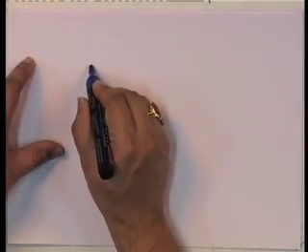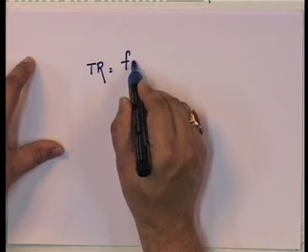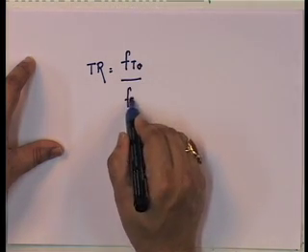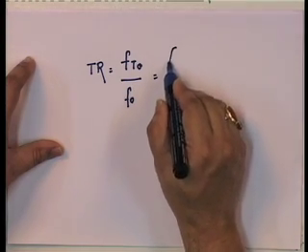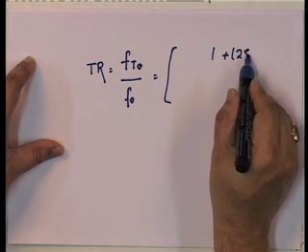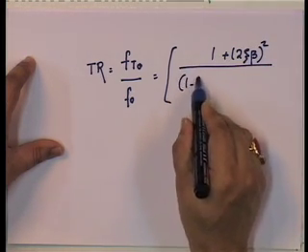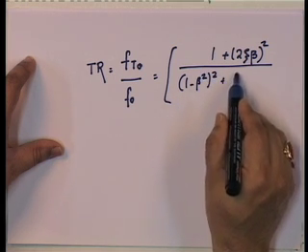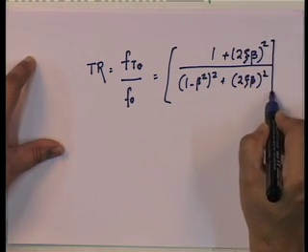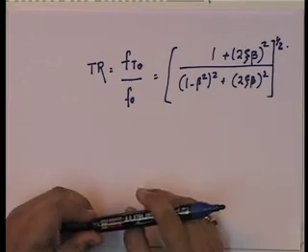We got the transmissibility ratio, which was given as F T, the force transmitted to the floor upon the amplitude of the force, and this was equal to, that was what we derived for the transmission of the force.